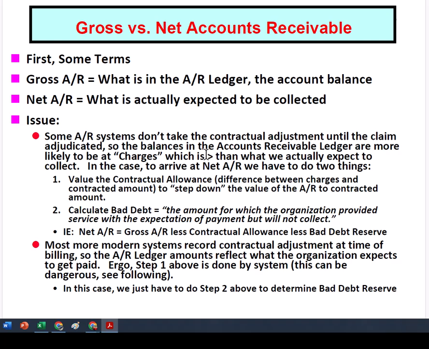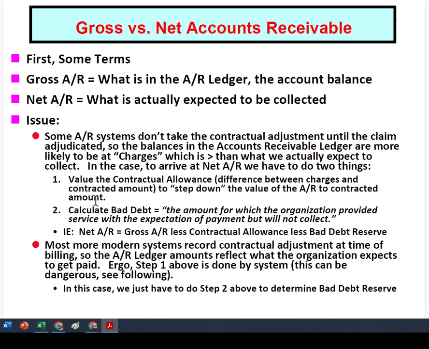Okay, gross versus net accounts receivable. Old school. So here's what happened in the past when we had that service and the charges went to the accounts receivable ledger. We know we're not going to get paid charges.